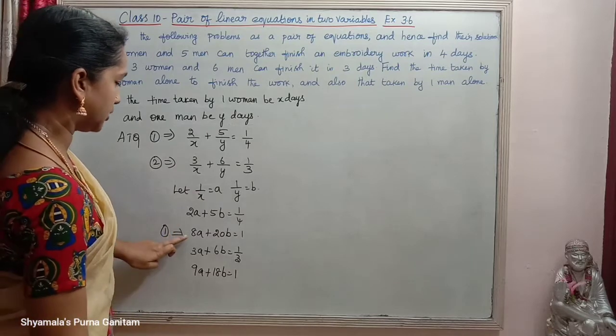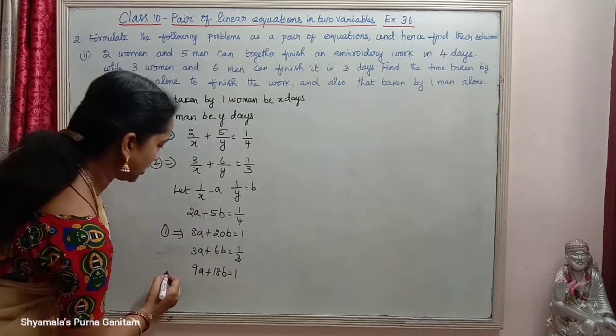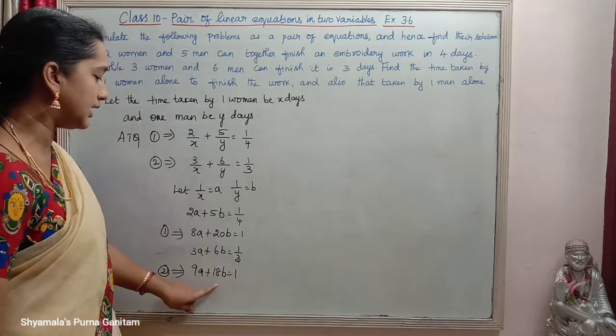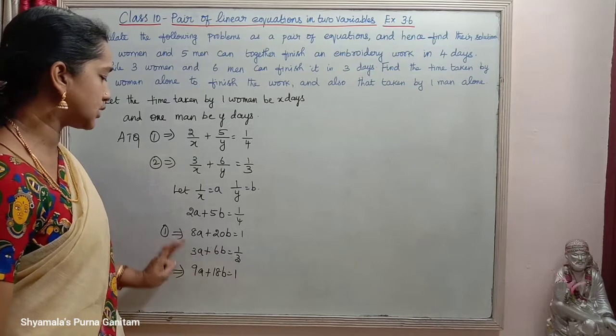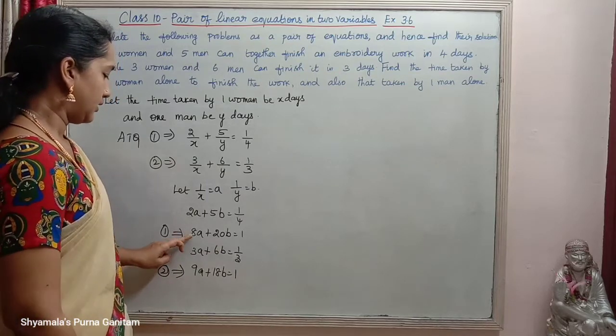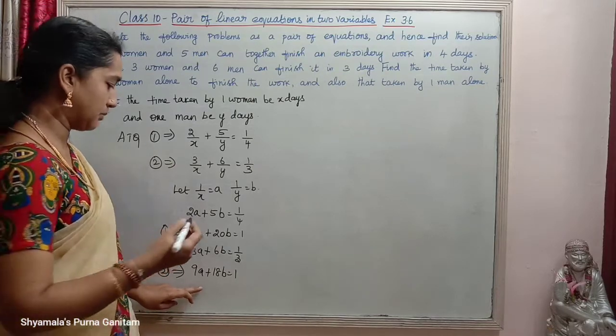So the first equation is 8a plus 20b is equal to 1, and the second equation is 9a plus 18b is equal to 1. These two we will solve using the substitution method.